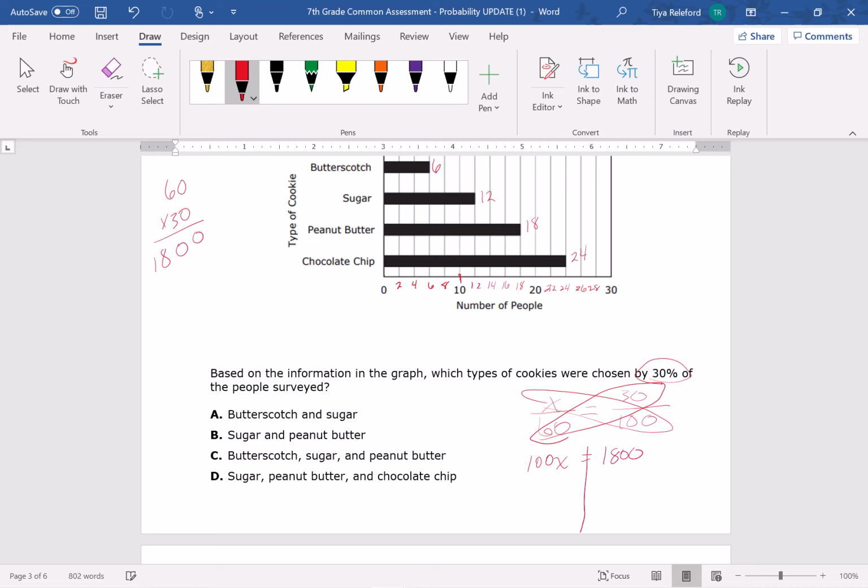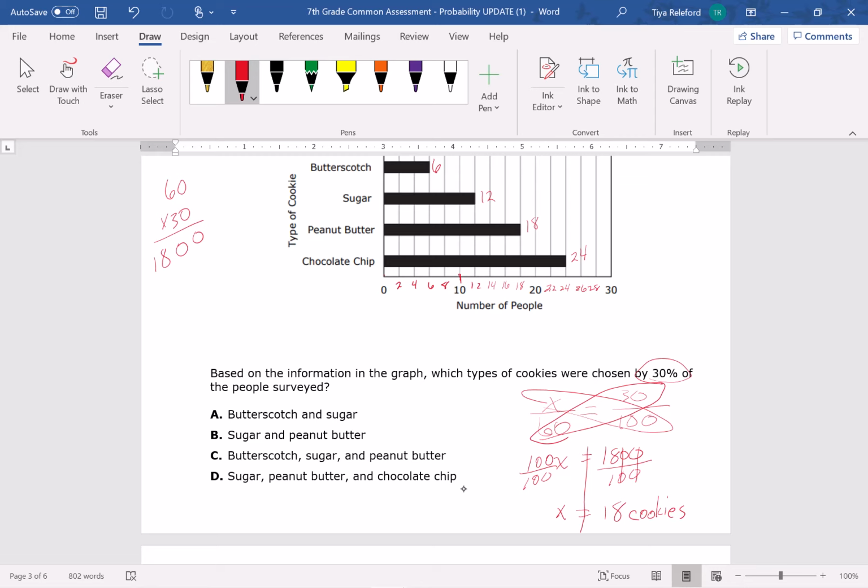Now, it's an equation we're going to solve by dividing by 100. And we end up with x equals 18 divided by 1, which is 18. So, 18 cookies is 30%. We have to find the answer choice that gives us 18.